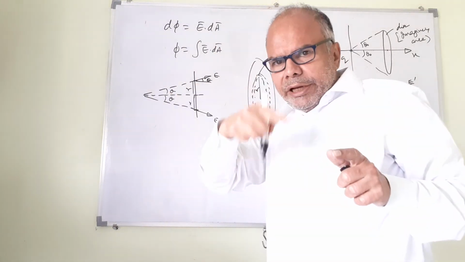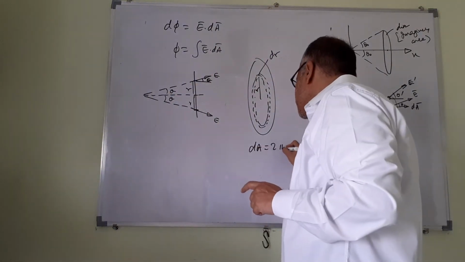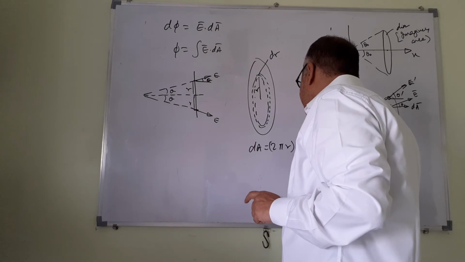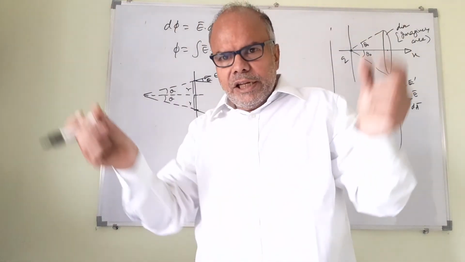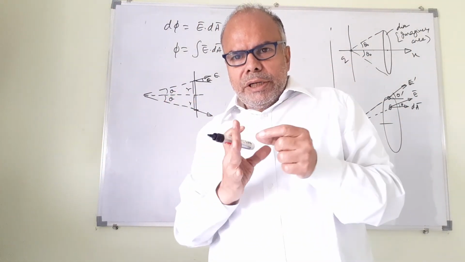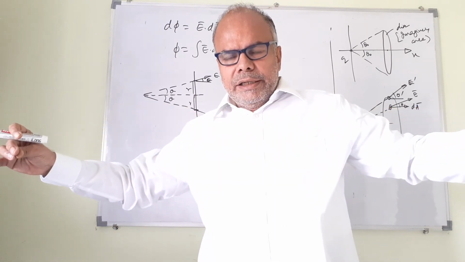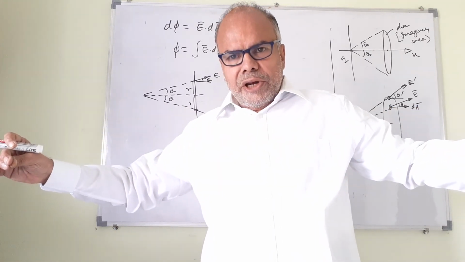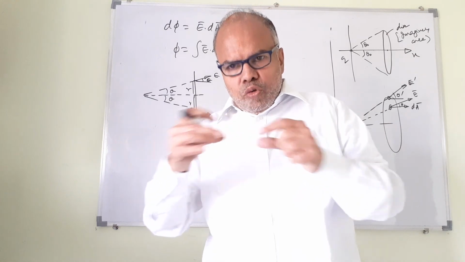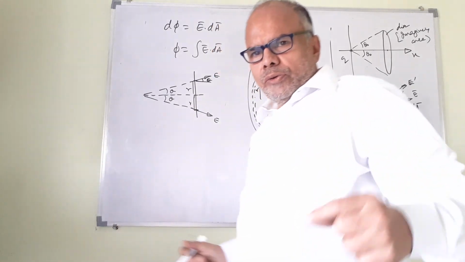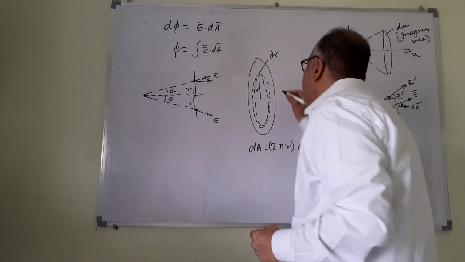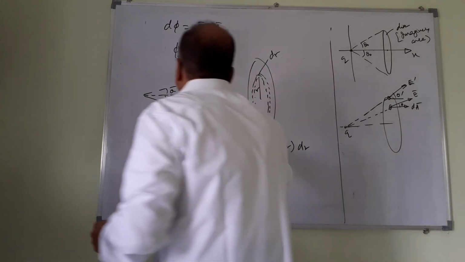The area of the ring can be taken as 2 pi r, the circumference, into the thickness dr. The ring could be treated as a ribbon. You take it out and cut it, extend it. It is like a thin rope, thin string. Yes, and 2 pi r into dr would give you the area of the ring. E, what is E?